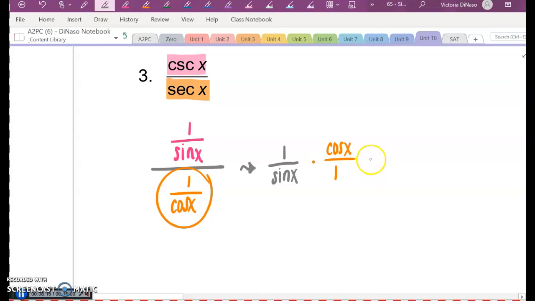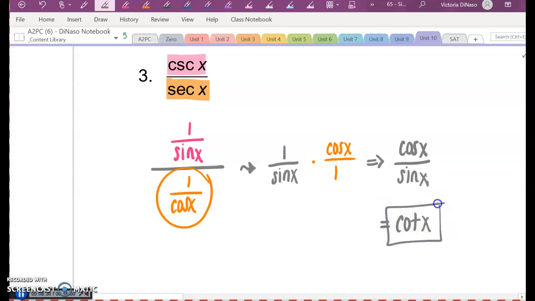So we've got 1 times cosine, which is cosine x. And then we've got sine times 1, which is sine x. Last thing that we have to do is change cosine divided by sine into cotangent. So your final answer is cotangent. So we went from cosecant x over secant x into your final answer being just cotangent.